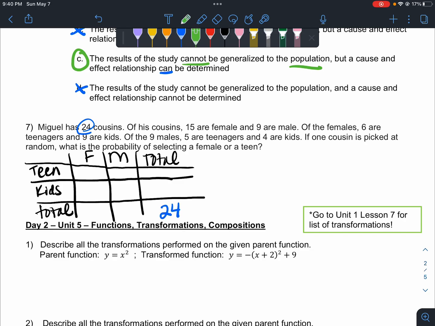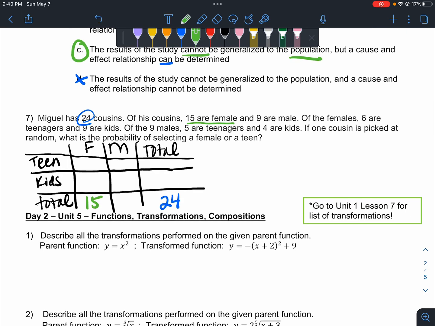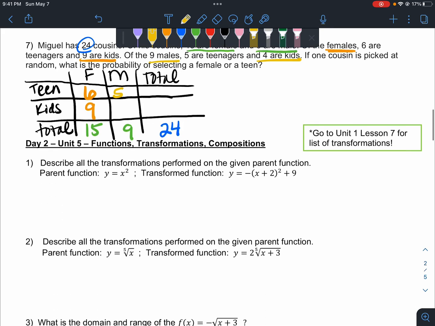Now, of his cousins, 15 are females, so that's the total 15. And you have 9 that are male. That makes sense. 15 plus 9 is 24. Now, of the females, 6 are teenagers and 9 are kids. And of the 9 males, 5 are teenagers and 4 are kids.